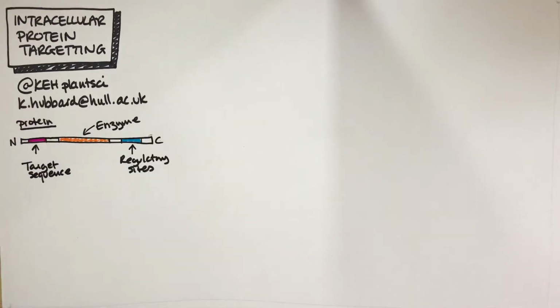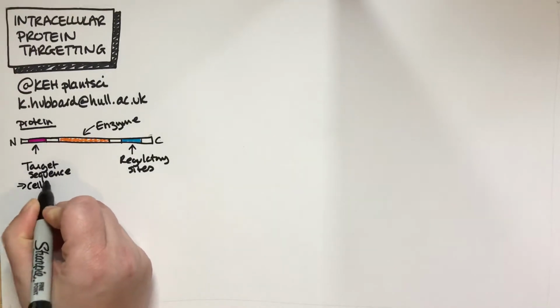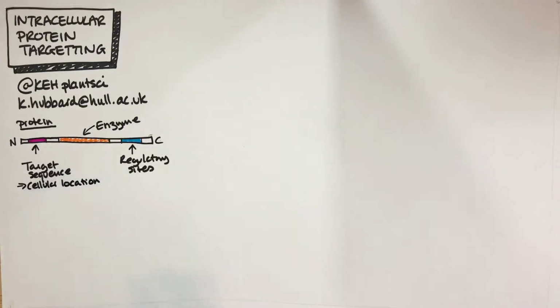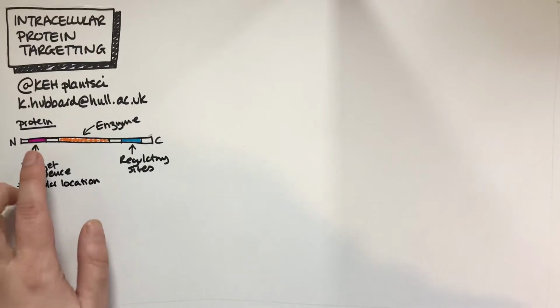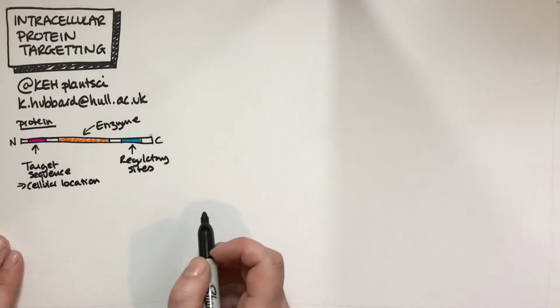That target sequence tells the cell where the protein should end up. So effectively, it does work like a postcode. There's a particular sequence of amino acids that's effectively a marker that says, please take me to the nucleus, or please take me to the mitochondria. And there are specific sequences that do that.